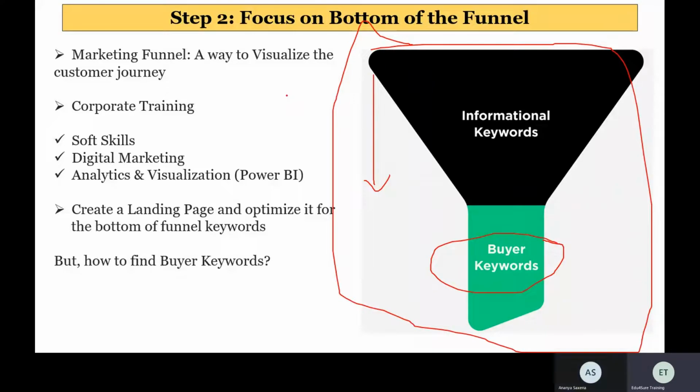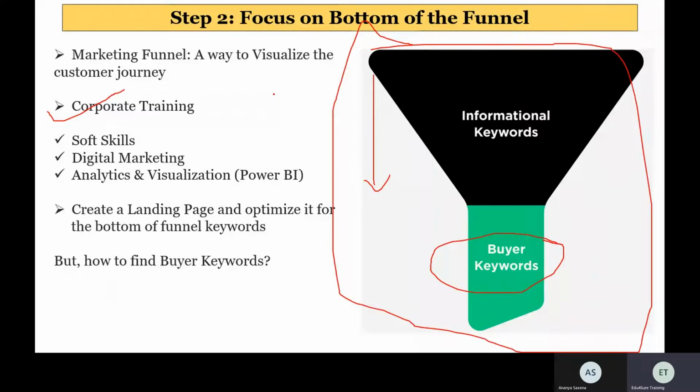A way to visualize the customer journey is taking from informational keywords, write articles around informational keywords, and then move to the buying side. Let us say this example of corporate training. In corporate training, we have soft skills, digital marketing, analytics, visualization. So we would write blogs about what are soft skills, how to increase your soft skills.